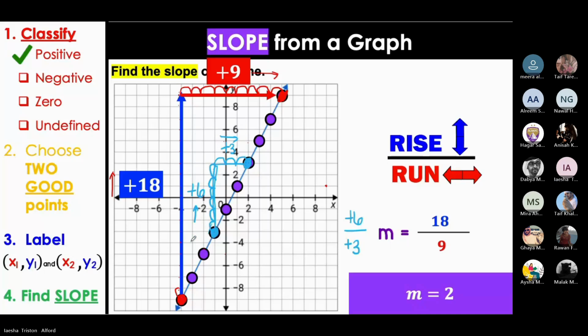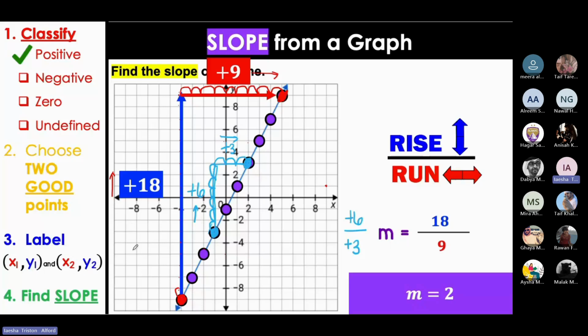Miss Ayita: Yes, if we did y2 minus y1 over x2 minus x1, it will be positive 2 also. Yes. So it's fine if we don't only do rise over run. Yes. Correct. Okay. You can choose any method you want. I'm just reminding you of your options, right?